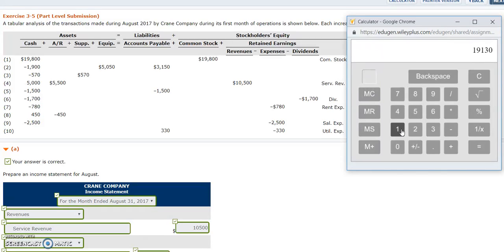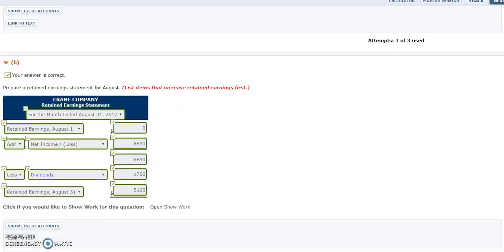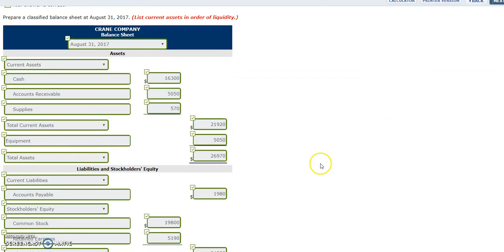And then we're also going to subtract 780. And we're going to add 450. Then we're going to subtract 2,500. We should get 16,300, as we see right here.